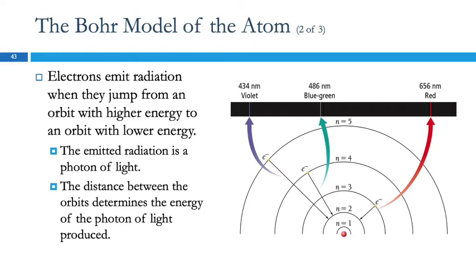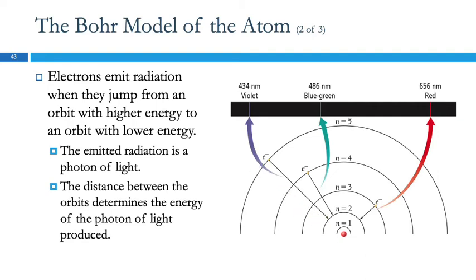And what happens when an atom absorbs energy is that an electron will go from a lower energy level to a higher energy level when it absorbs the energy. But it's not stable, and so eventually it'll fall back down, and when it falls back down, it releases energy that's equal to the difference between those two energy levels.